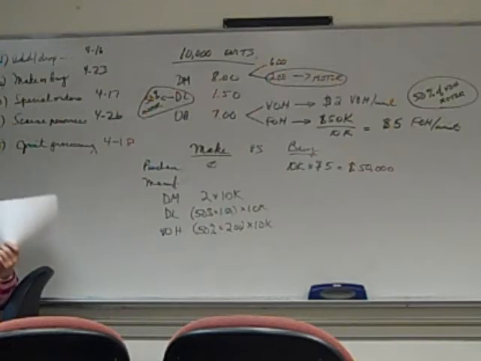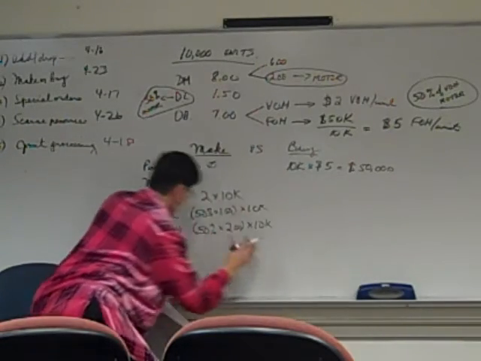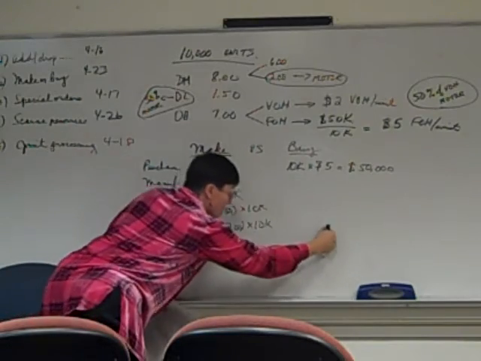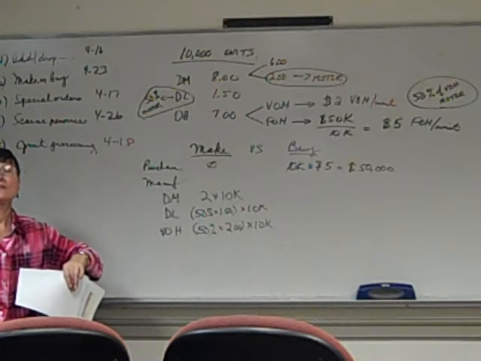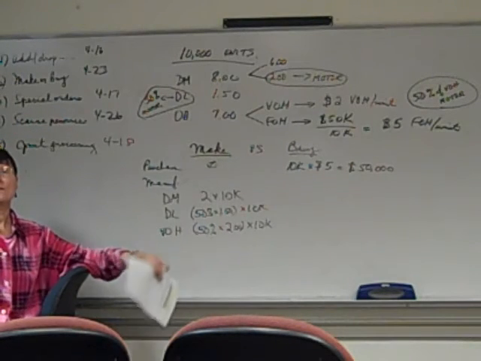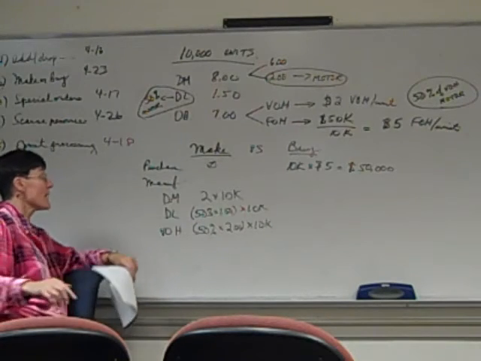So if you're doing incremental analysis, you can leave it out. If you put them in, I would take it as long as you've got them both in both columns, because the fixed costs don't change. They're overall factory costs. They do not disappear if we stop making the motor. So they're not relevant.